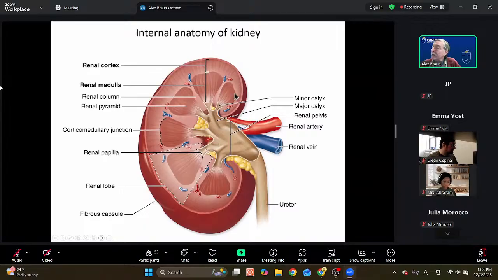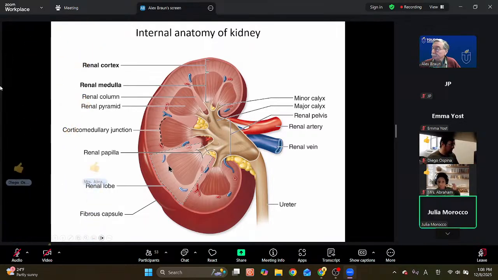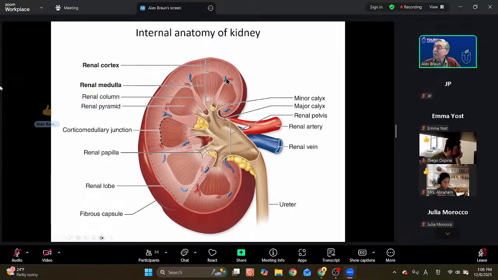If I draw a line here in this location, you see my pointer, I hope. Yeah, we can see it. Okay, so everything peripheral to this is cortex. Everything internal in terms of parenchyma is medulla. So here's cortex, here's medulla.